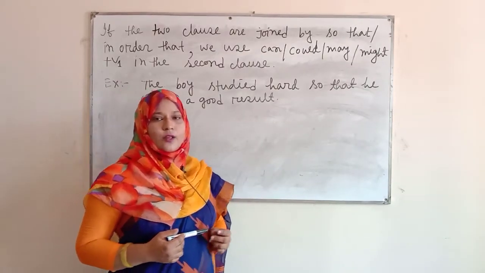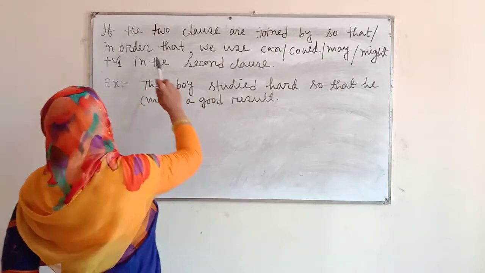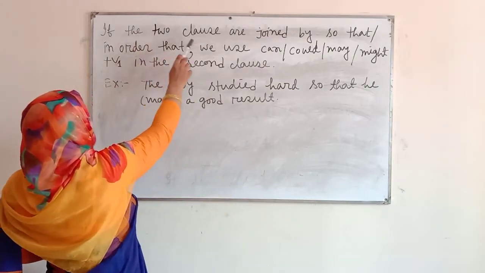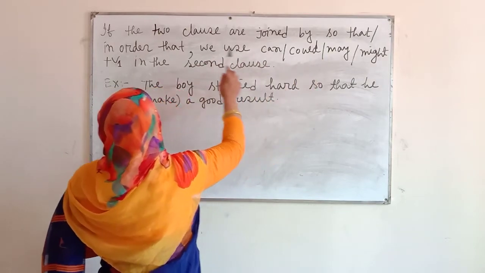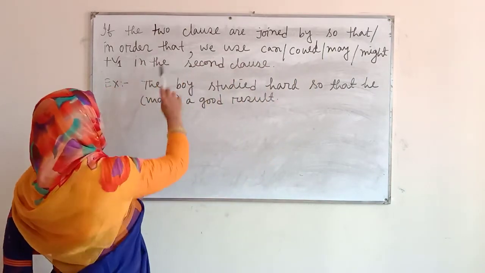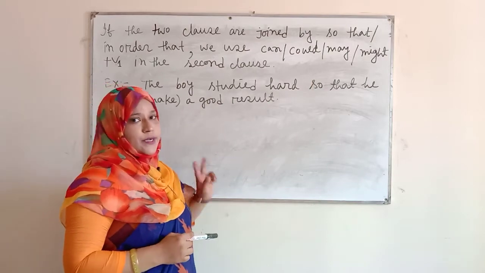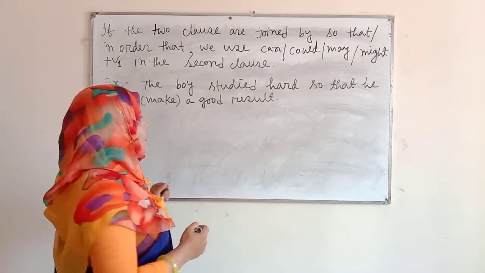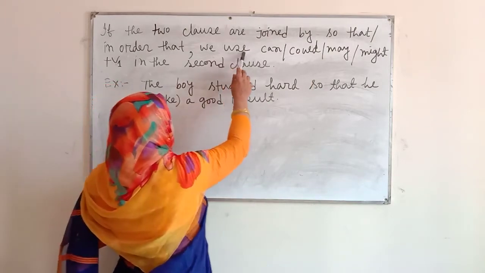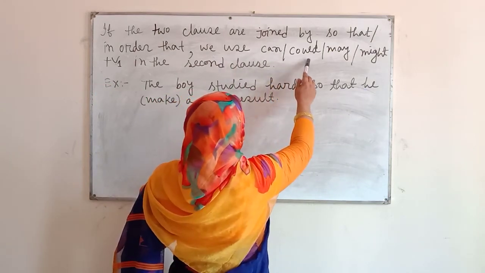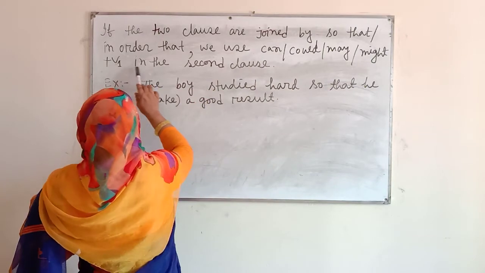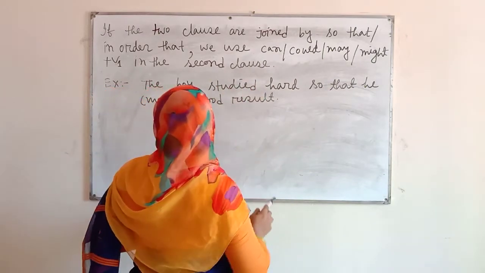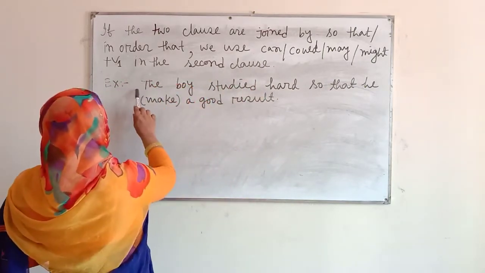Dear learners, look at the structure carefully. If the 2 clauses are joined by so that or in order that, we use can, could, may, might plus verb 1 in the second clause. Look at the example.